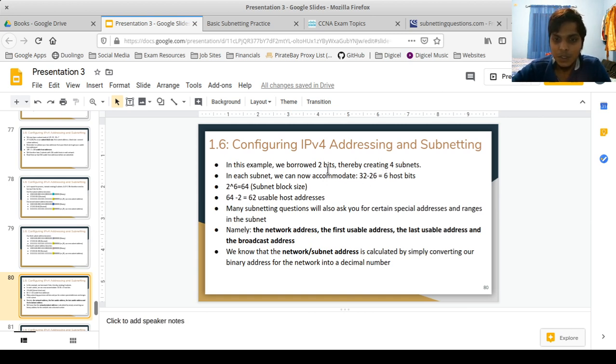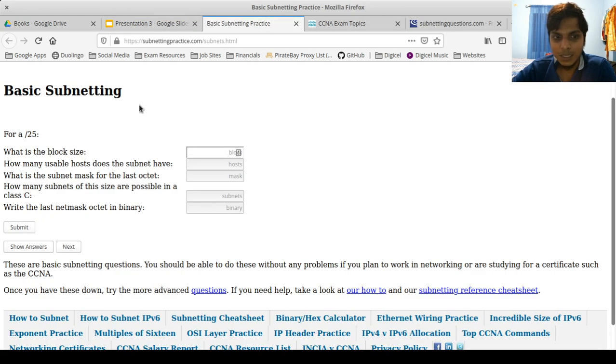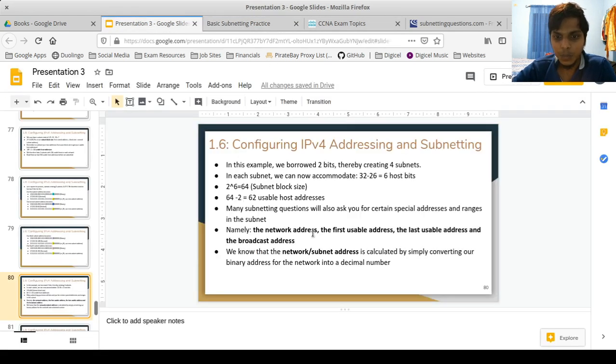I showed you how to borrow bits and how to create subnets and how to calculate the amount of subnets you'll get and the amount of host bits you'll get and the block size and the amount of usable addresses. But many subnetting questions, like these here, will also ask you for certain special addresses and ranges in the subnet, namely the network address, the first usable address, the last usable address, and the broadcast address.